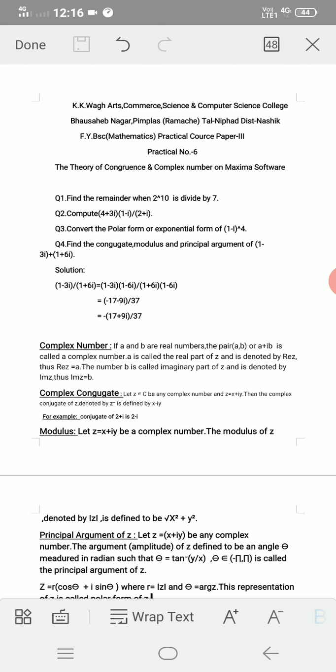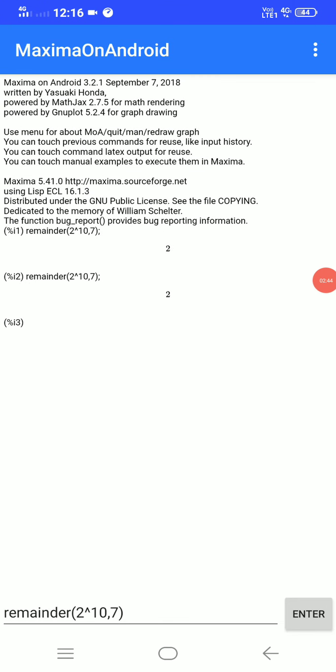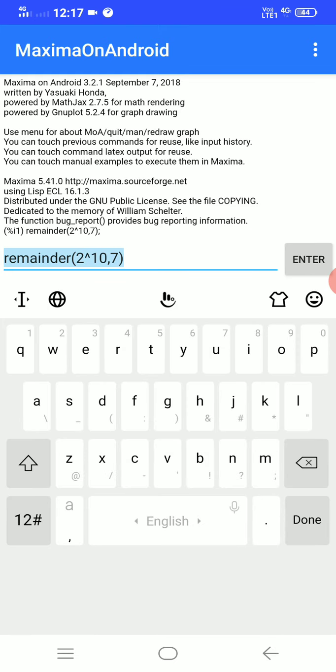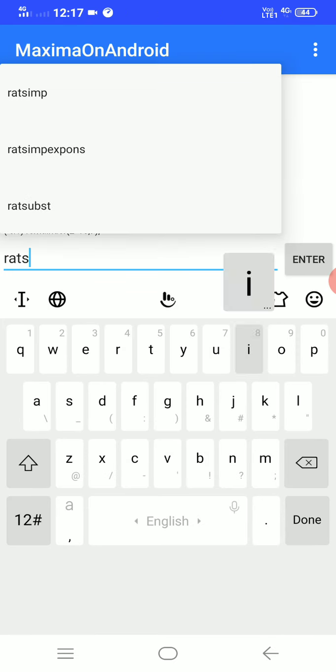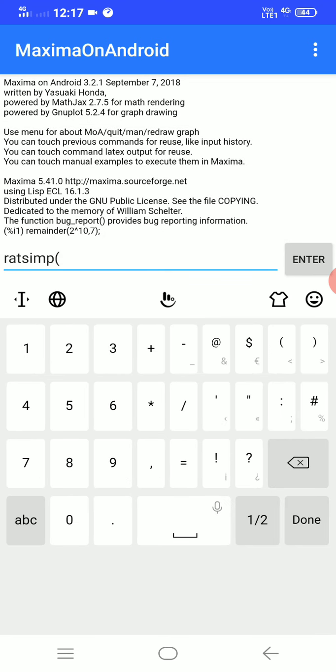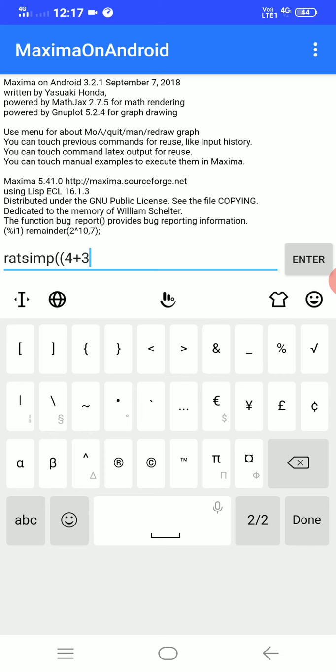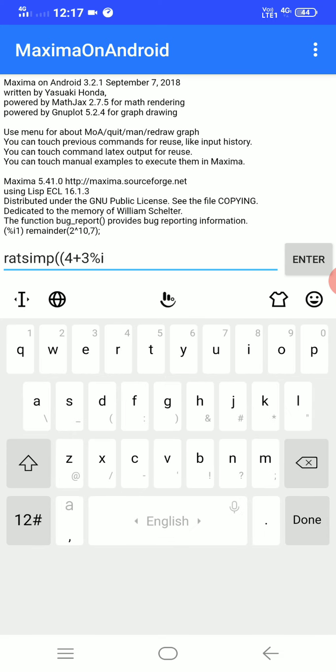Second example, compute (4 plus 3i) into (1 minus i) divided by (2 plus i). Open Maxima software. So using the syntax ratsimp of (4 plus 3i in bracket), 3i can be written in Maxima software as 3 star percentage i.